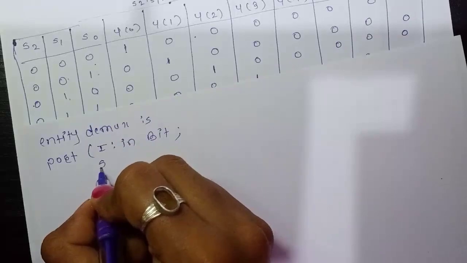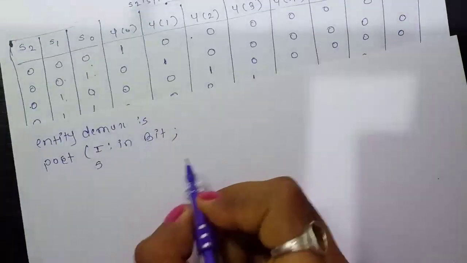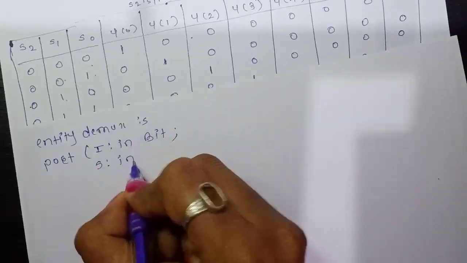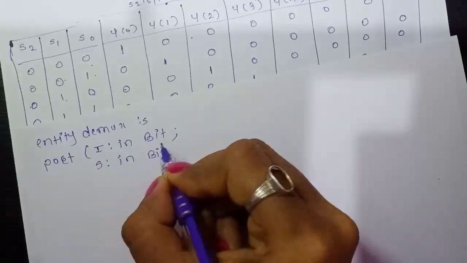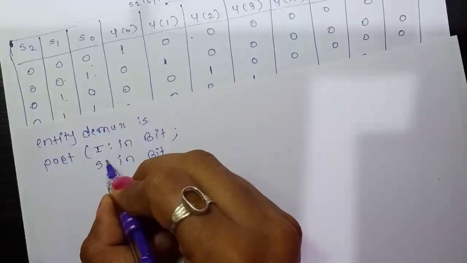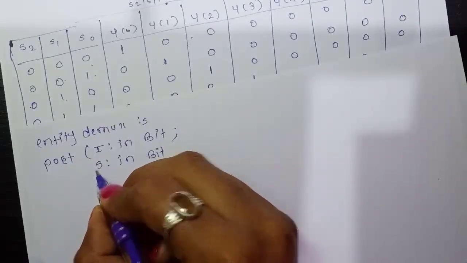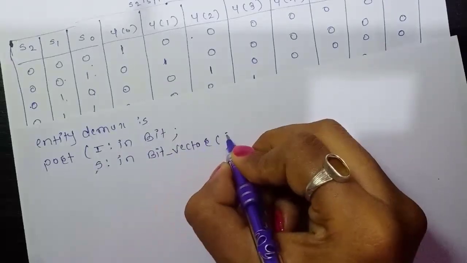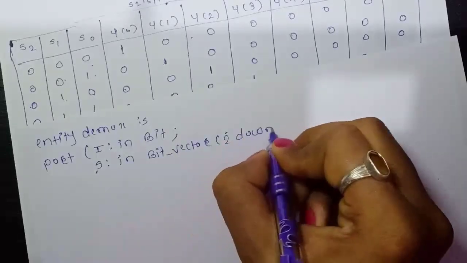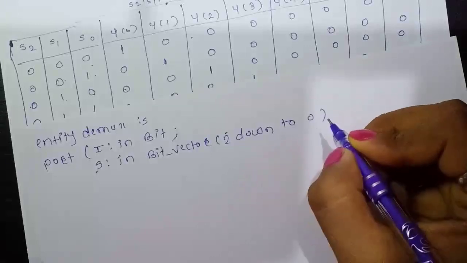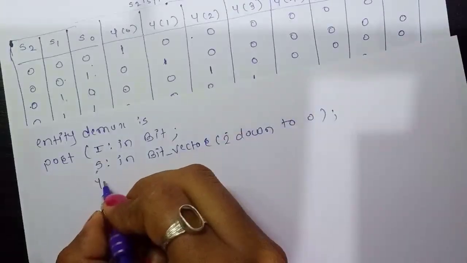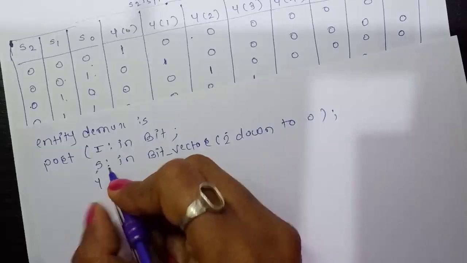Then the second port is S. Because there are 3 selection lines, S0, S1 and S2, we can write them as a single variable, S, of mode in. Now this selection variable S has 3 bits of data, so bit_vector 2 down to 0, that means 0 to 2.